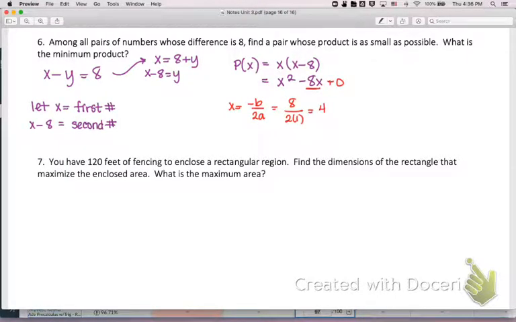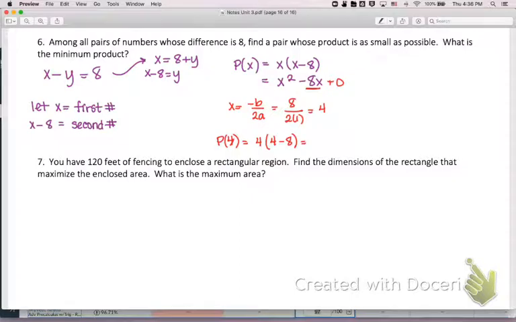So x equals 4. Now, we don't actually care what the y value is, but that's going to tell us what our product is when x is 4. P of 4 is going to be 4 times 4 minus 8.